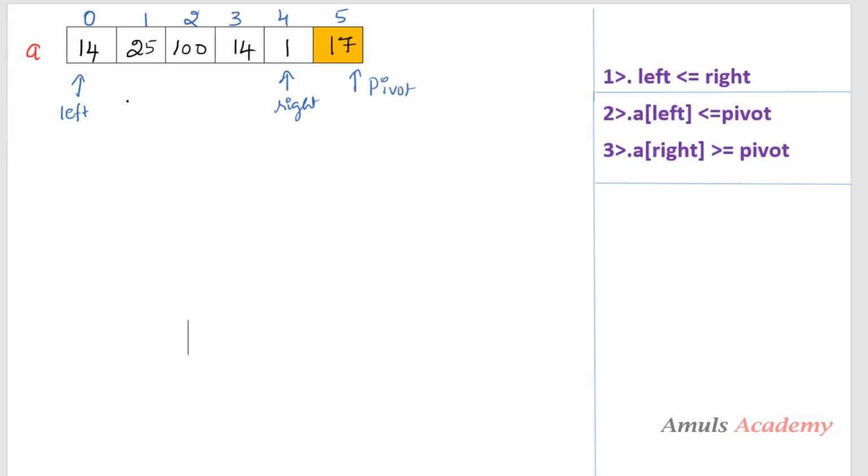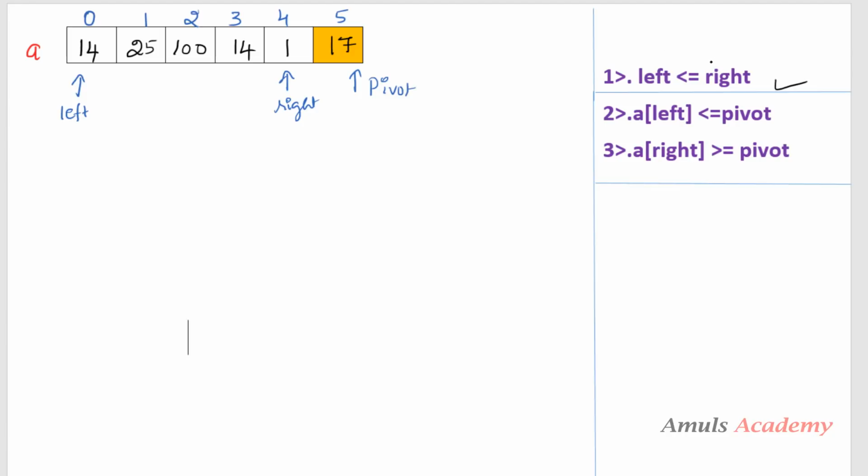So now we'll begin from the left and start to compare the values with the pivot value. While comparing the values, we need to follow a few rules. The first one is that the left index should always be less than or equal to right. If left becomes greater than right, then I need to stop.